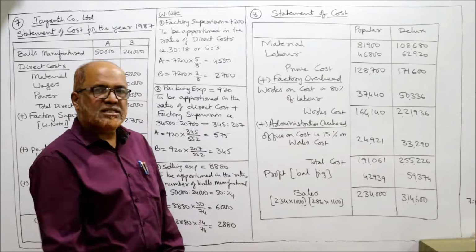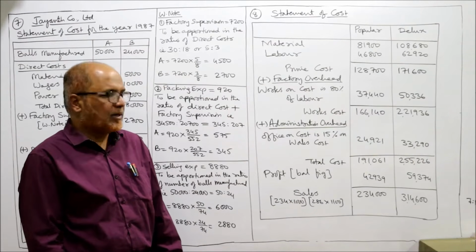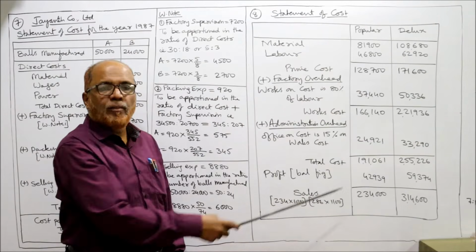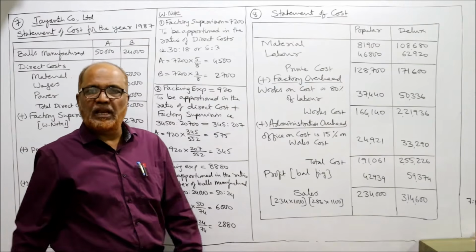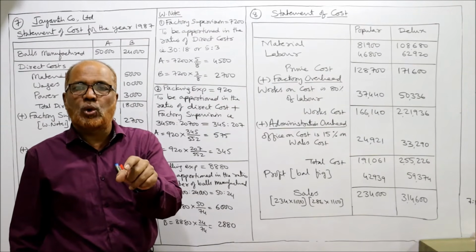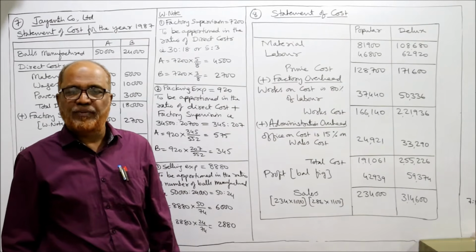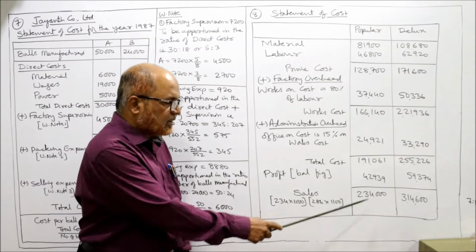Now profit balancing figure. Sales are given in the problem. So popular, how many radio sets popular are sold? It is given in the problem 234. Last line it is given 234 popular radio sets are sold at rupees 1,000 each. एक radio set 1,000 में बेचे. तो 234 into 1,000, 2,34,000.